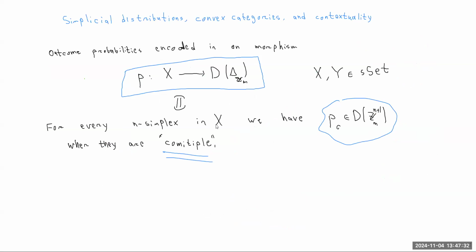Even if we take the complex generated by finite simplices, which is what we always do, because of the degeneracy there will be infinitely many simplices, so there are infinitely many distributions, and most of them come from only a finite number of them.